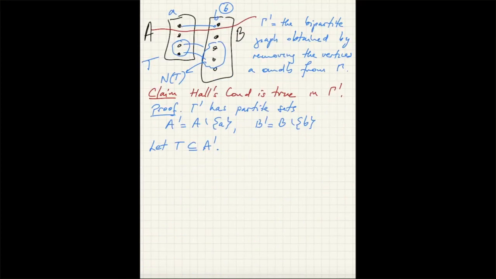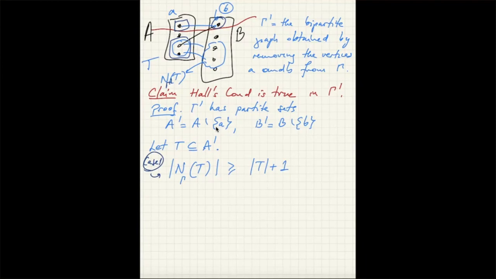There could be edges between B and T. But if we look at the neighborhood of T in the big graph gamma, we know that this is greater or equal than the cardinality of T plus 1, because we are in case 1. And stronger things happen here.